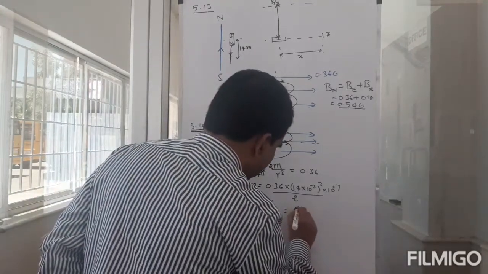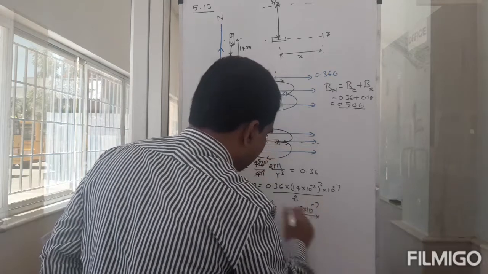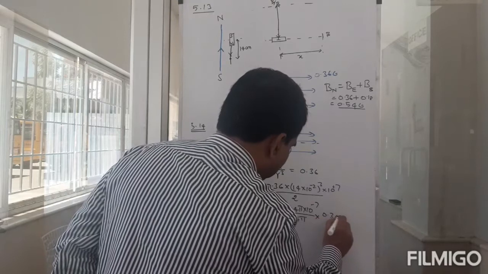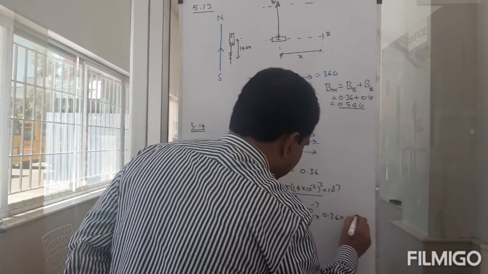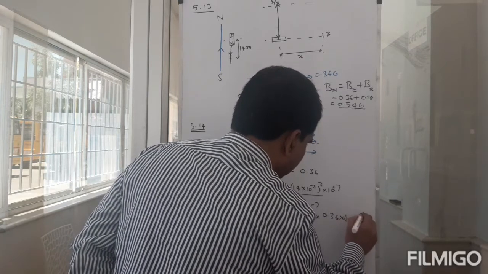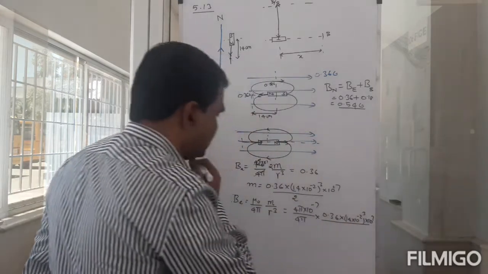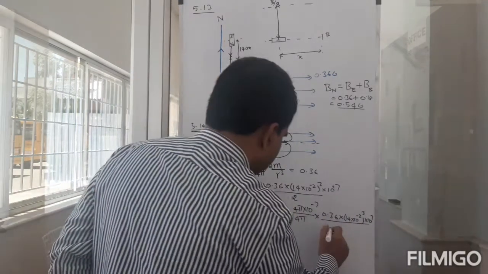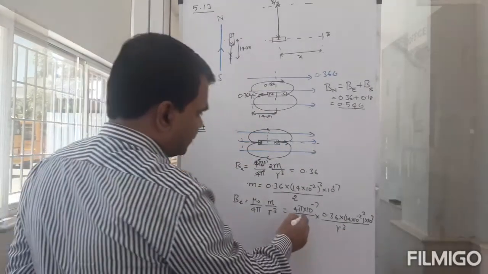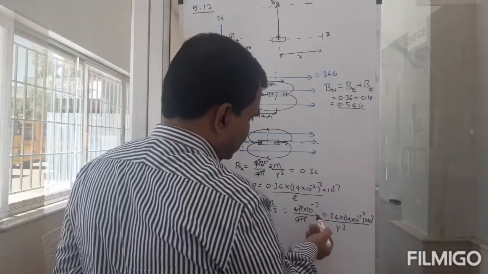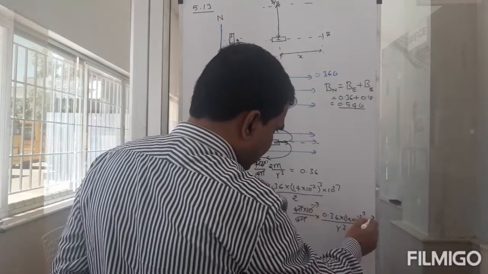It's going to be 4 pi into 10 to the power minus 7 by 4 pi, and m I got here: 0.36 into 14 into 10 to the power minus 2, the whole cube, into 10 to the power 7, divided by r cube, which I don't know yet. The 4 pi and 4 pi will cancel, and 10 to the power minus 7 and 10 to the power 7 will cancel.